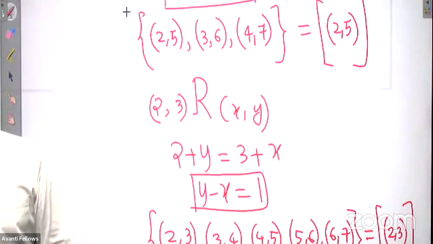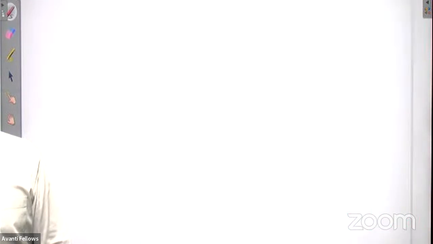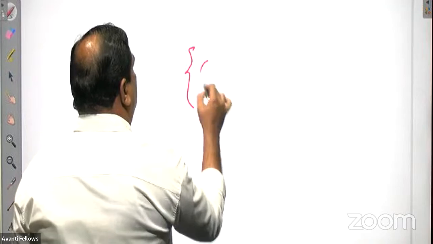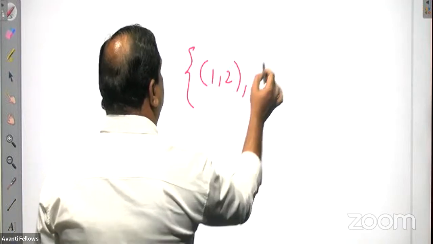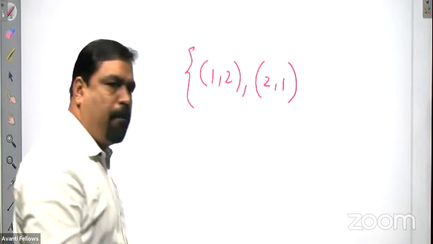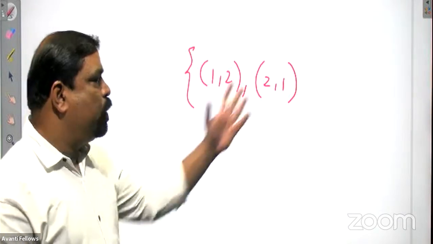Some of you have commented that A and C should be different. No need. We can take any counter example. For example, already I have given the example: (1, 2) and (2, 1).